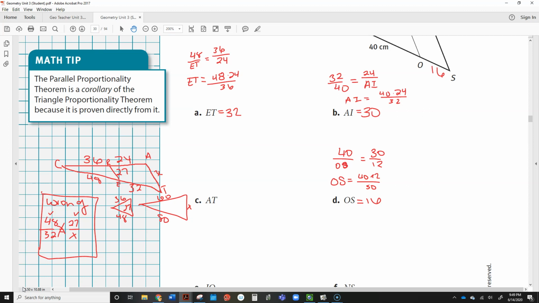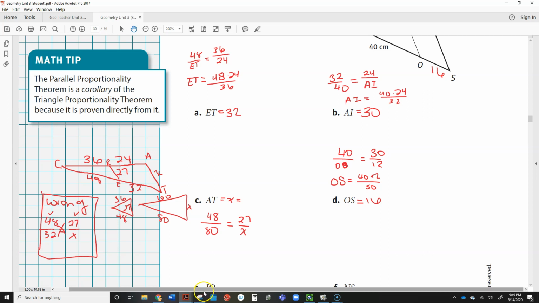So to find AT, which is x right here, you have to go back and write the proportions that deal with the sides of the triangle. 48 over 80. You could use 36 over 60, it doesn't matter. 48 over 80 is equal to 27 over x.